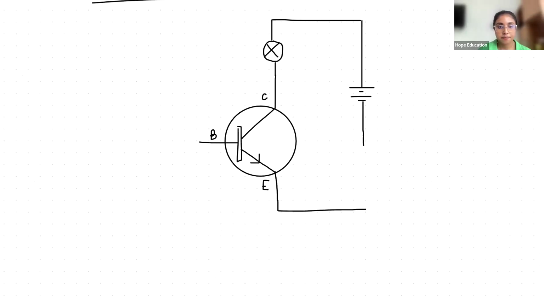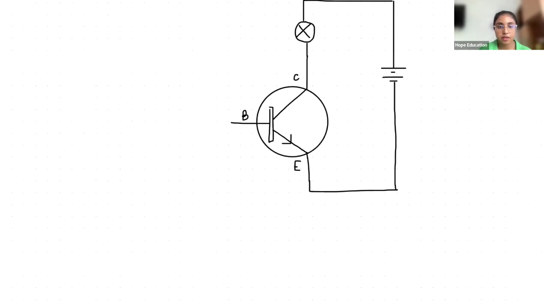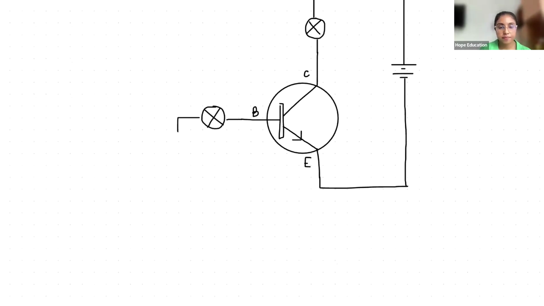Like this. On the other hand, මේ පැත්තෙන් මම complete කරනවා. මම මේකට connect කරනවා another bulb here. And මෙතන මම variable resistor එකක් connect කරනවා. I will explain all of this later.